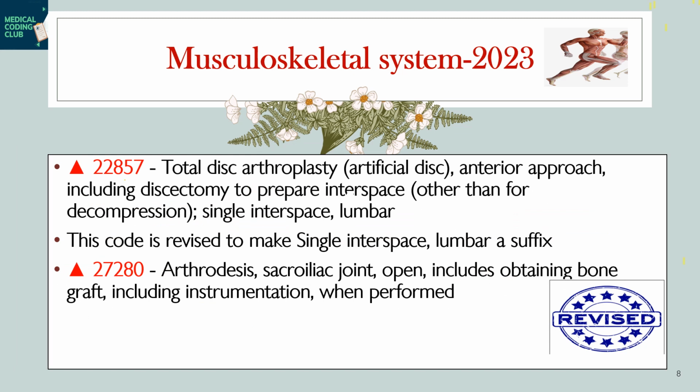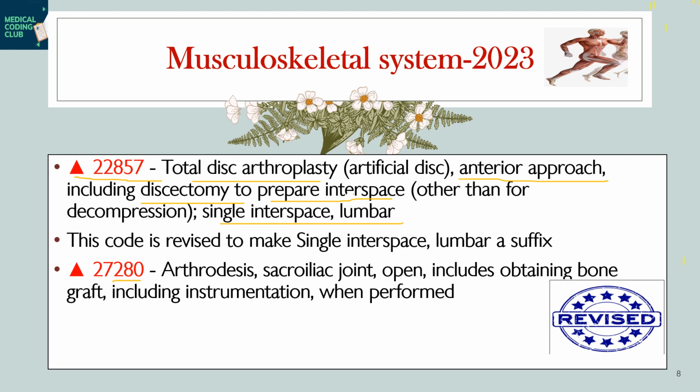22857 and 27280 have been revised. 22857 says total disc arthroplasty, anterior approach including discectomy to prepare interspace, other than for decompression, single interspace, lumbar.